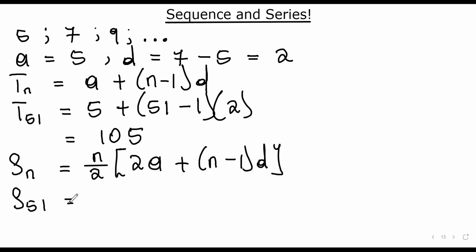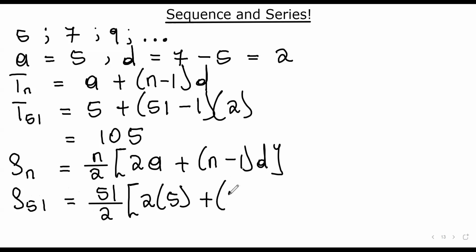But we are looking for a sum of 51 terms, so we simply say 51 divided by 2. And A is the first term, which is 5. The number of terms, that is 51. And our constant difference is a solid 2. Then it's very, very easy to find the sum.